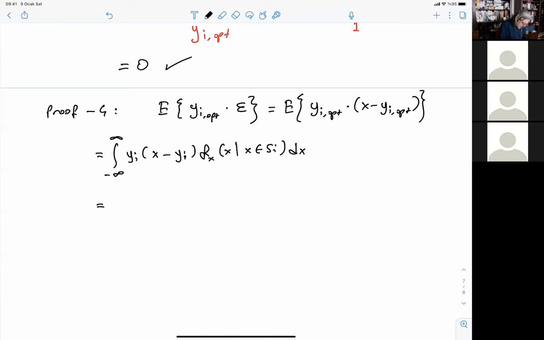And that will give me yi outside of the integral because it has no x inside. So it's a term unrelated to the integration variable.